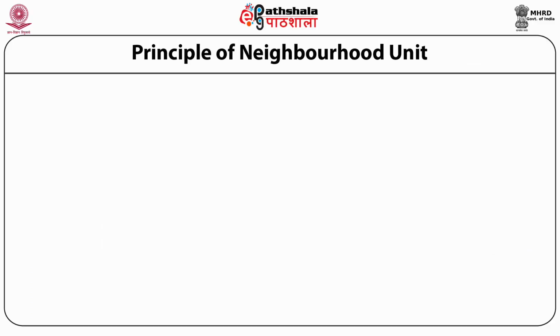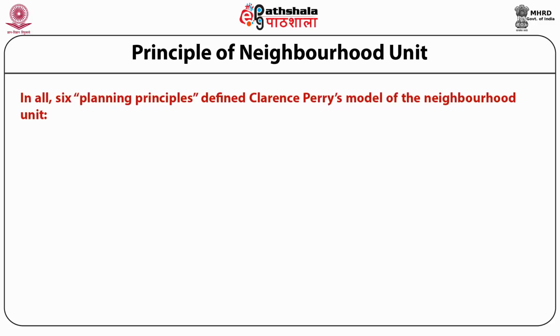In designing the neighborhood unit concept, Clarence Perry employed his interest in physical planning in service of a program to restore and rejuvenate the connections between individual, family, and community. Residential zoning was central to the conception, as was a laid down configuration of streets to privilege pedestrian access. In all, six planning principles defined Clarence Perry's model of the neighborhood unit.